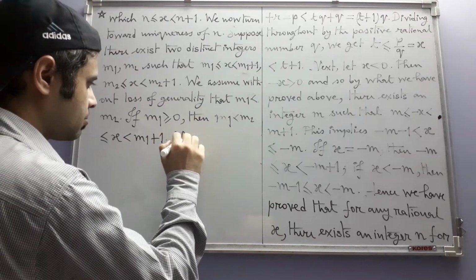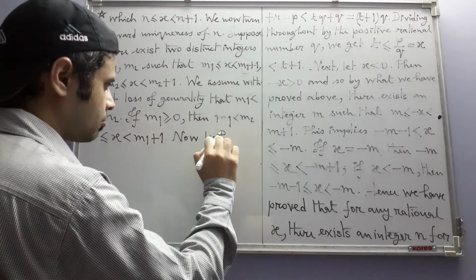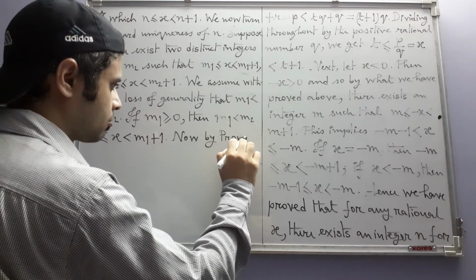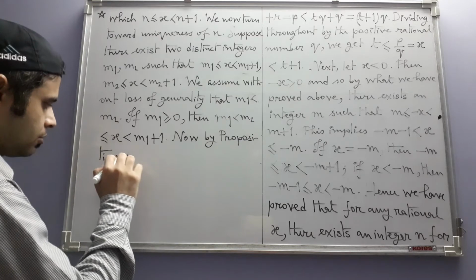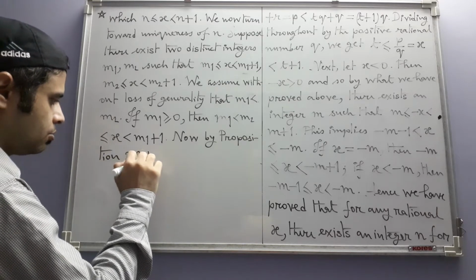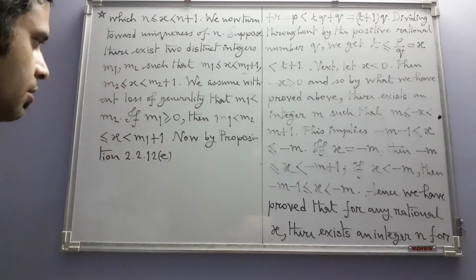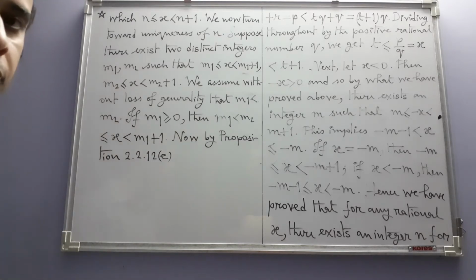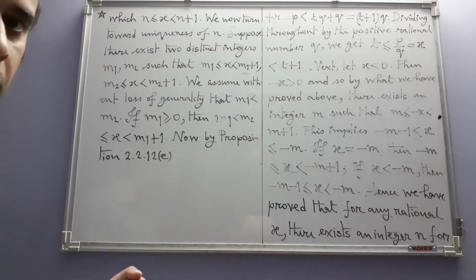Now, by proposition 2 to 12e. Proposition 2 to 12e is the one where we have properties of order for natural numbers.